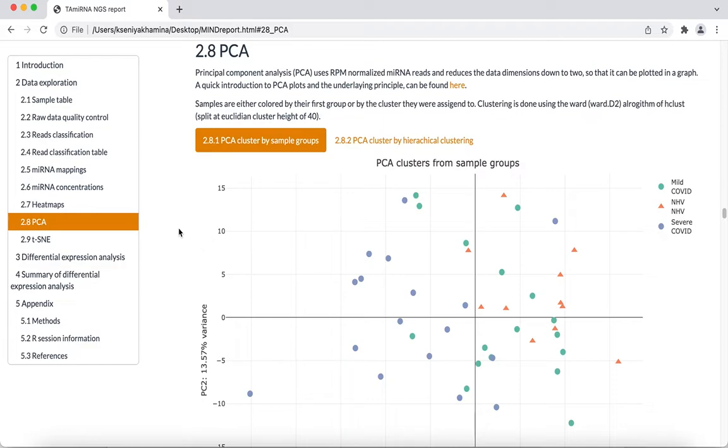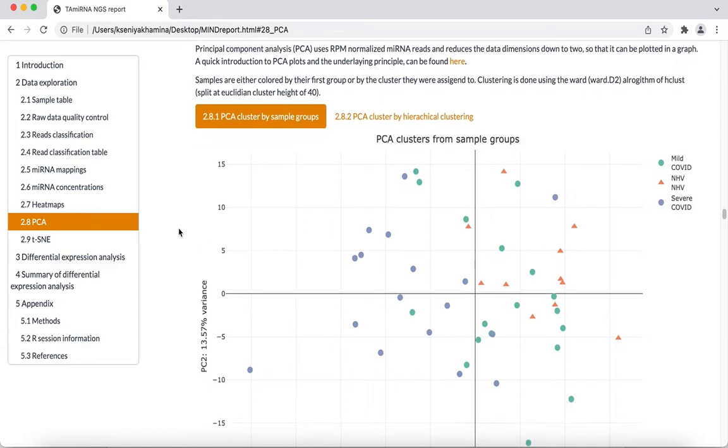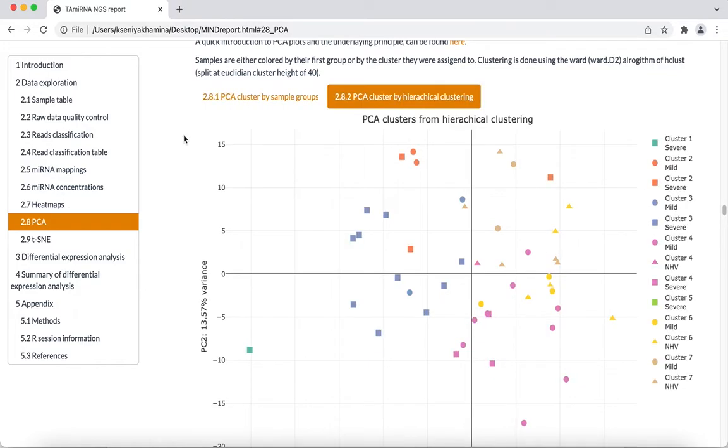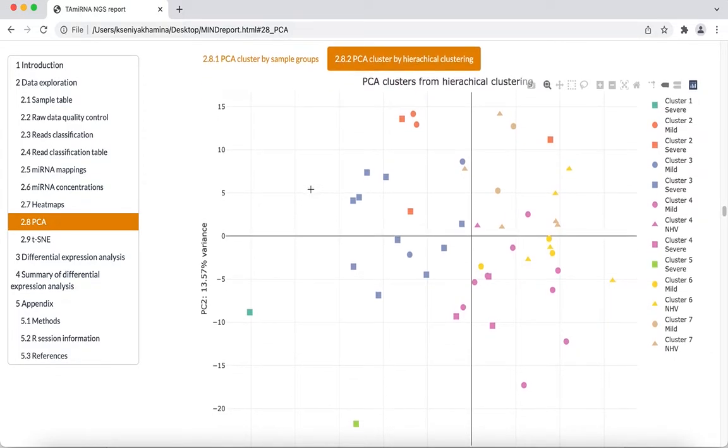PCA uses RPM normalized microRNA reads and reduces the data dimensions down to 2, as it is presented here on the graph. 2.8.1 provides an overview of a PCA cluster by sample groups. 2.8.2 provides information about principal component analysis clustered by hierarchical clustering.